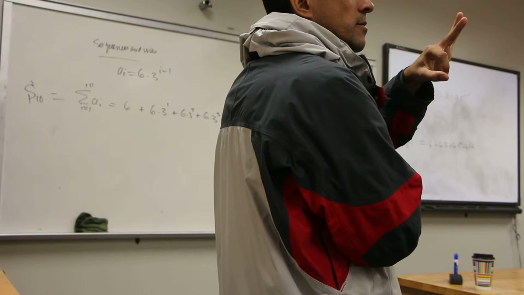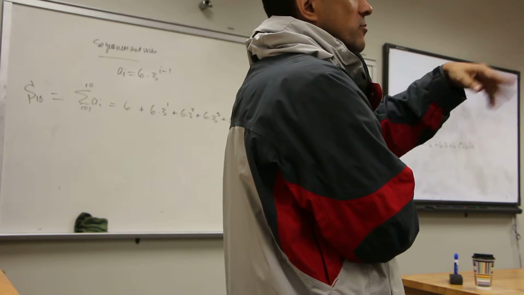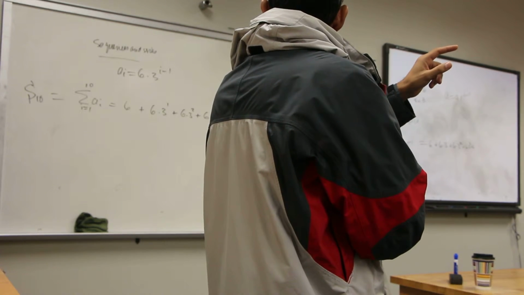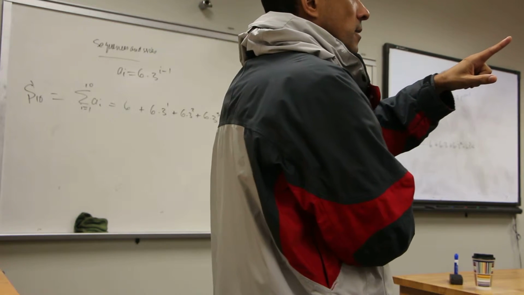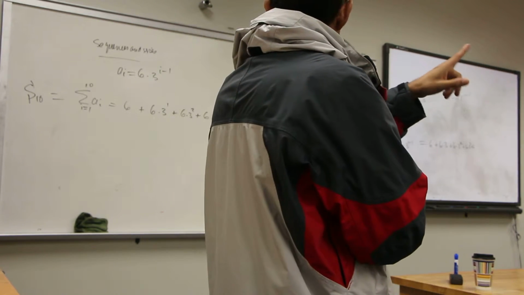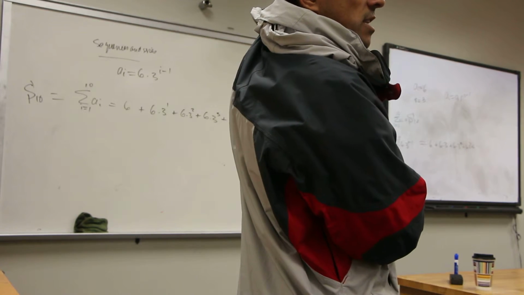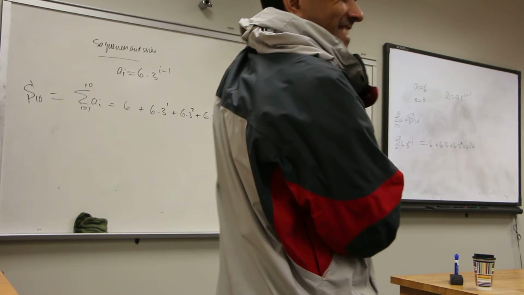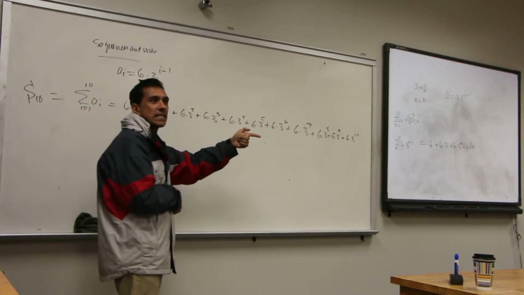Who says 10? 3 people for 10. How many people for 3? No people for 3. How many people for 6? The 6s have it. I'm going to take this series and multiply it by 6.